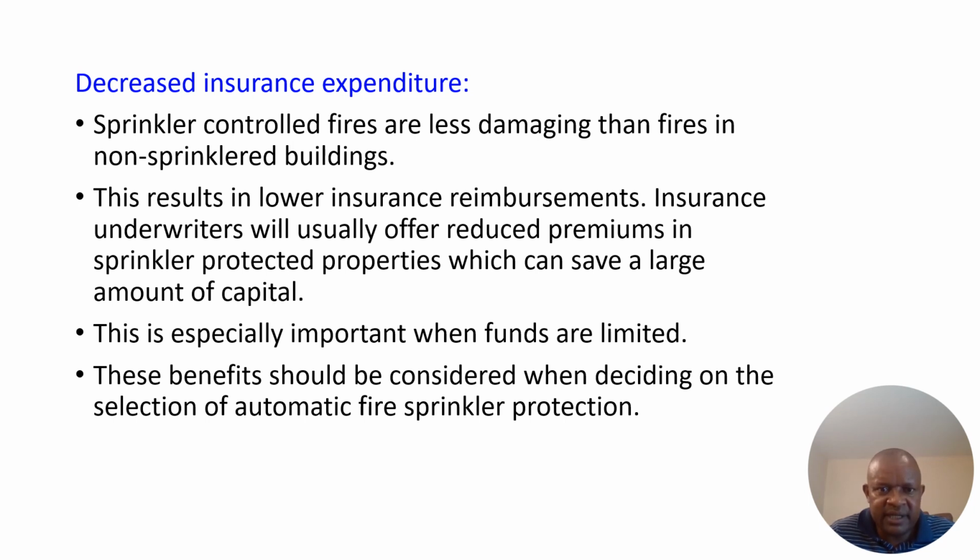Insurance underwriters will usually offer reduced premiums in sprinkler protected properties, which can save a large amount of capital. This is especially important when funds are limited. These benefits could be considered when deciding on the selection of automatic fire sprinkler protection. They offer a chance for decreased insurance expenditure.